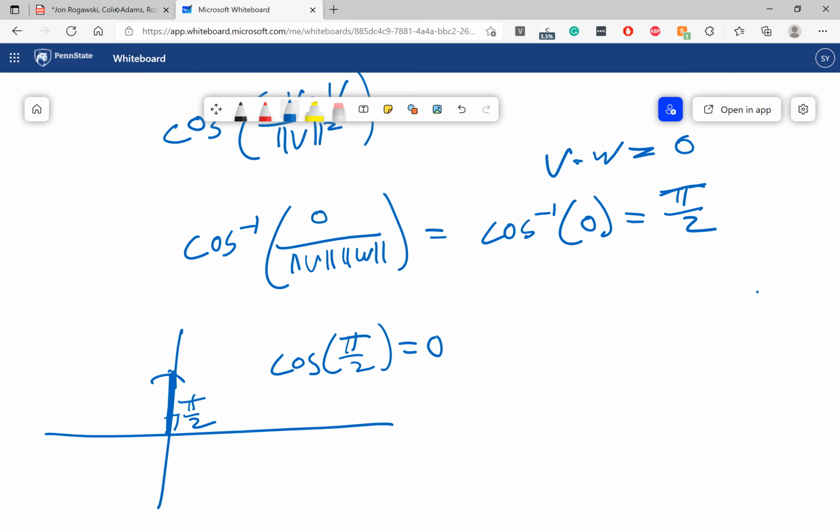So cosine inverse of 0 is pi over 2. So pi over 2 tells you that you're perpendicular, or the dot product being 0 tells you that you are perpendicular, which is very useful. And if you plug it into the formula and you get 0, then you know that they are parallel.